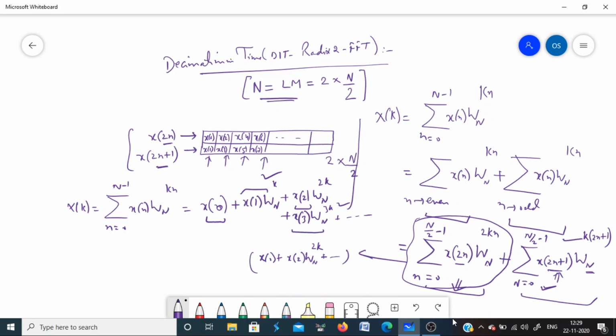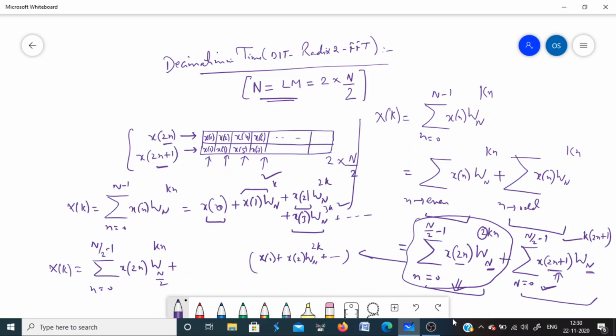So this sequence I can further write it as X[k] is equal to summation of n from 0 to N/2 minus 1 x of 2n W_N to the power 2kn. I can write it as W_{N/2} to the power kn. This 2 I have taken here.